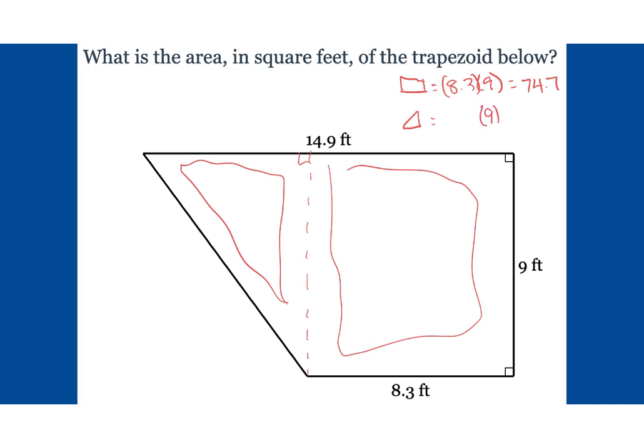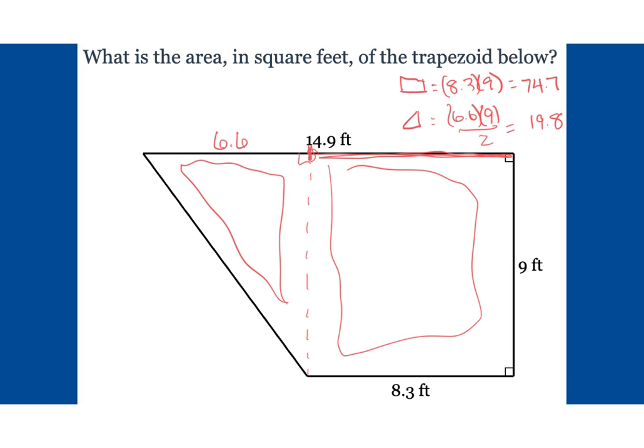I know that up to here, this section is 8.3, which means the rest of it must be what my base is, which is 6.6. So 6.6, divide that by 2 would give me a total of 19.8.